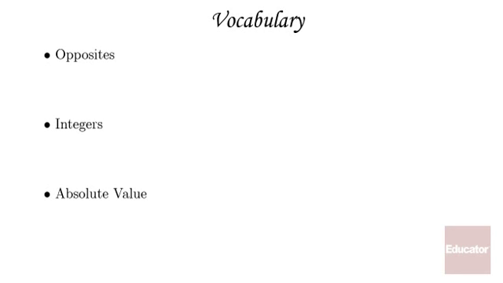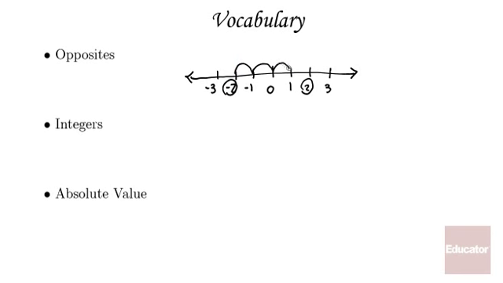Opposites are numbers that are the same distance from 0 on a number line. So, for example, positive 2 and negative 2 would be considered opposites because they're both 2 units away from 0.